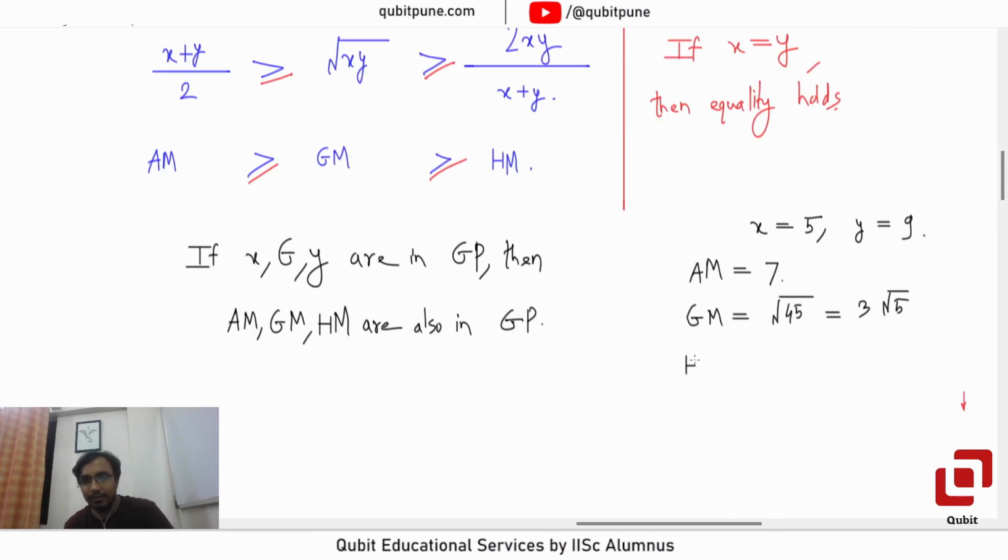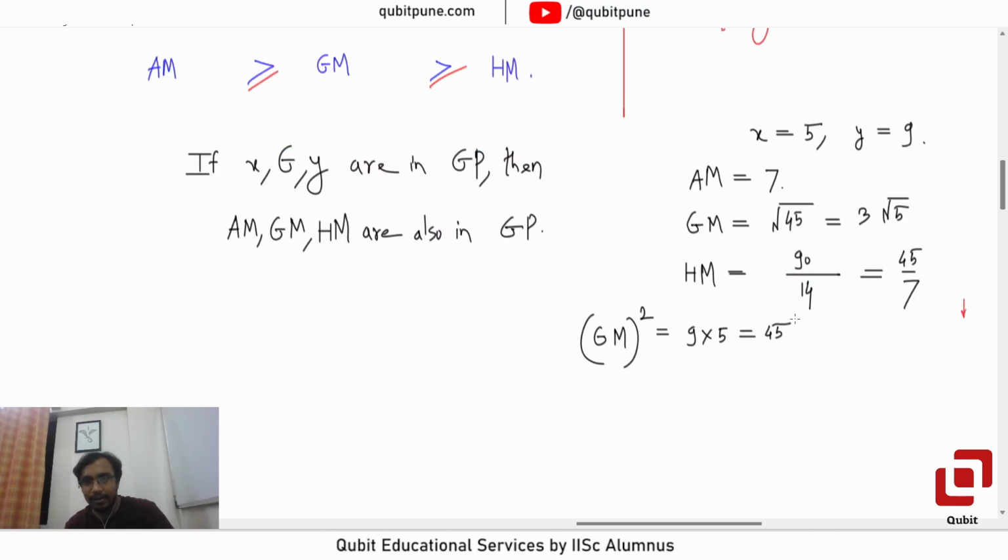What will be the harmonic mean? 2xy upon x plus y, so 90 upon 14, that is 45 by 7. Now I would like to square GM. That is 9 into 5, so that is 45.